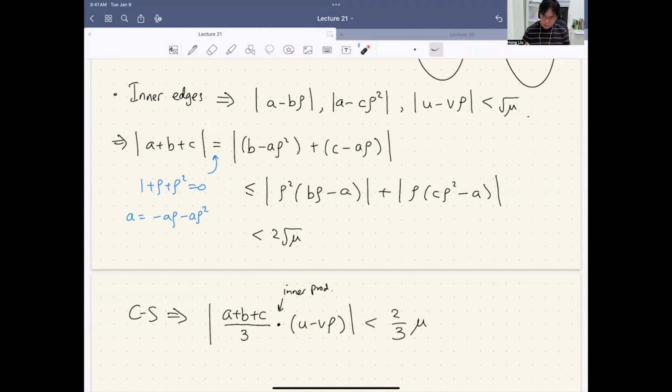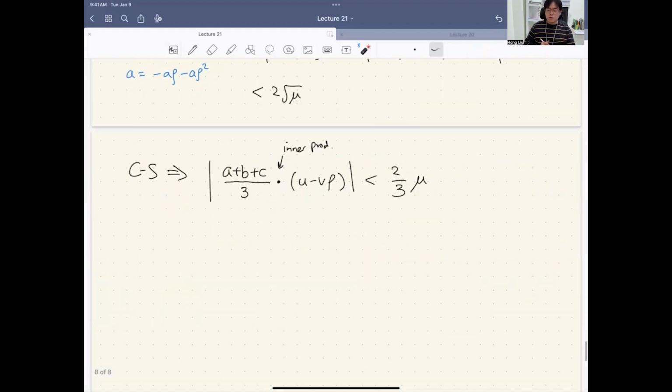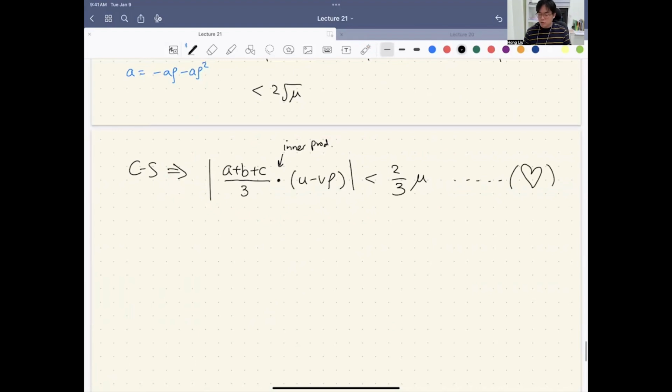Because this guy is less than this, and this guy is less than that, multiply these two together, no problem. We will get a contradiction to this inequality. So this is our key inequality: the inner product of these two complex numbers is very close to the origin, has small norm, okay?